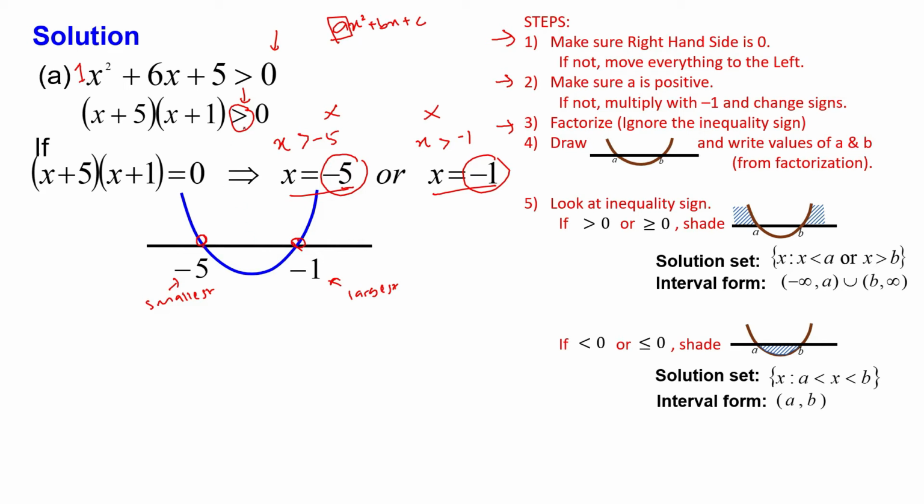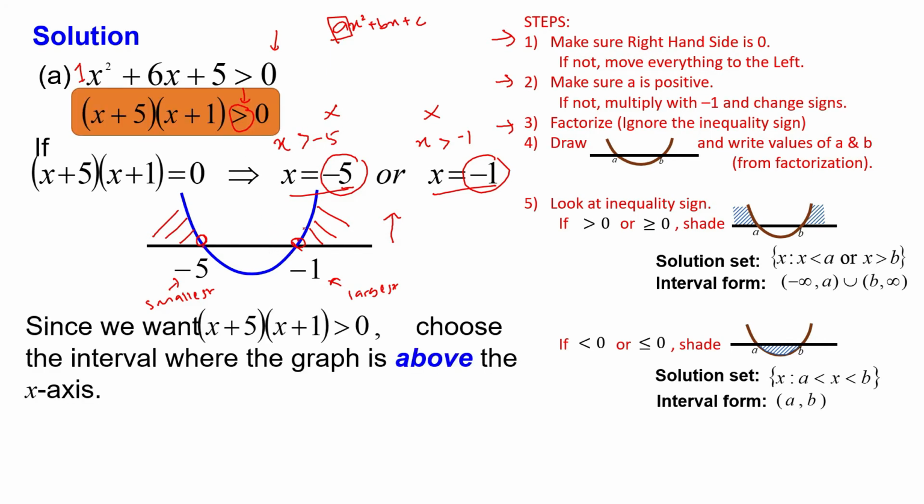This is greater than 0. If it's greater than 0, next step we have to look at the inequality sign. If it's greater than 0, just shade on top or above the line. So above the line means to the right of -1 and also to the left of -5. That's on top. Here, right in the middle will not be on top, will be below the line. And below the line will be shaded only if the inequality sign is less than 0.